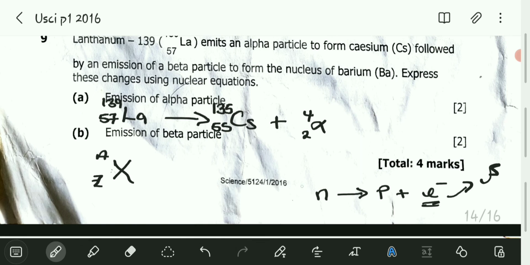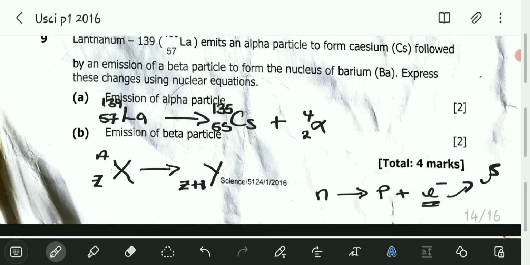So when decay happens, the daughter will have one more proton compared to the parent, so the proton number will increase by 1. But remember, the mass number is the total number of protons and neutrons.